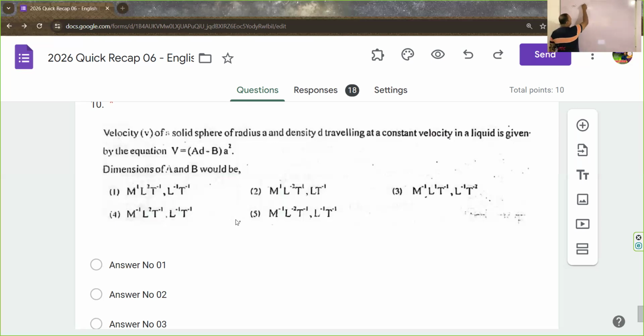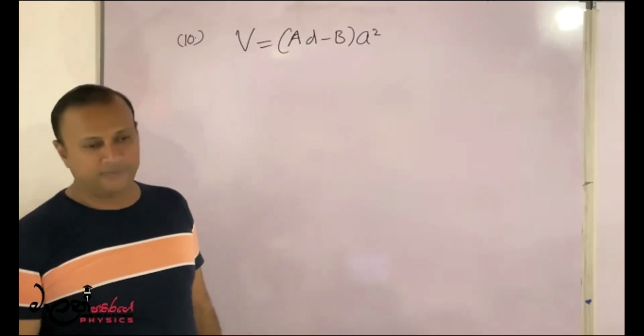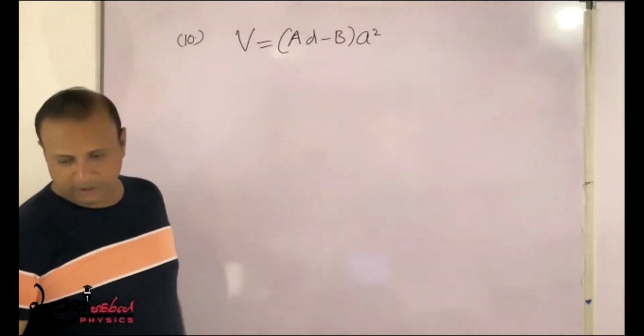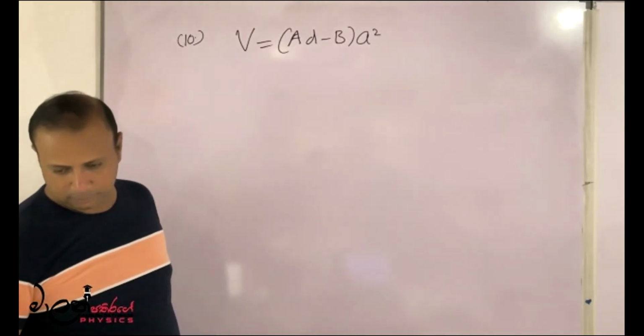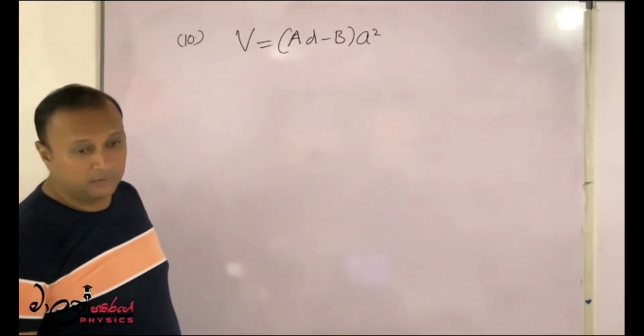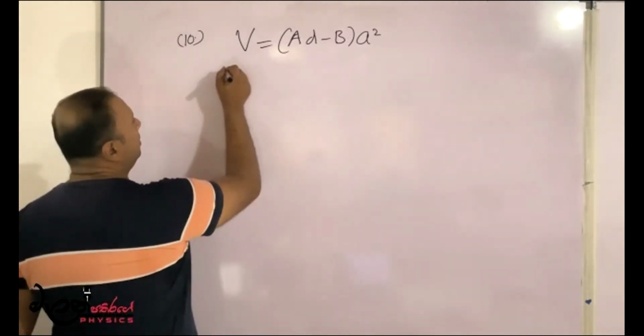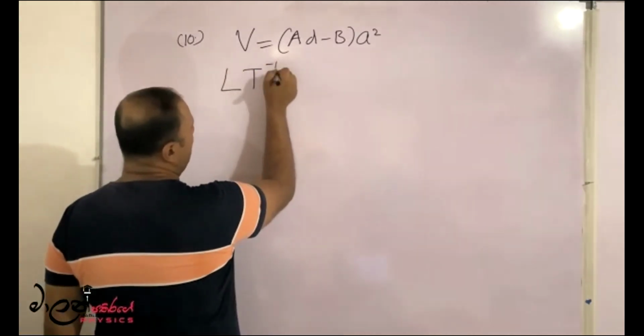V is equal to AD minus B A squared. What is it? In this case, V is a velocity. Therefore, L T minus 1 is equal to AD minus B A squared.